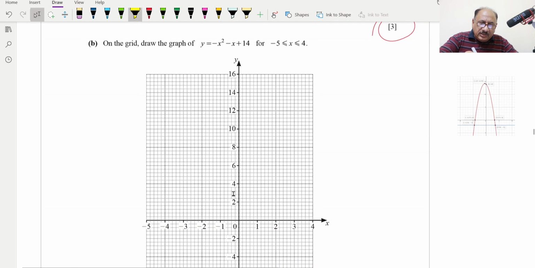Now they are saying on the grid, draw the graph of this one from -5 to 4.